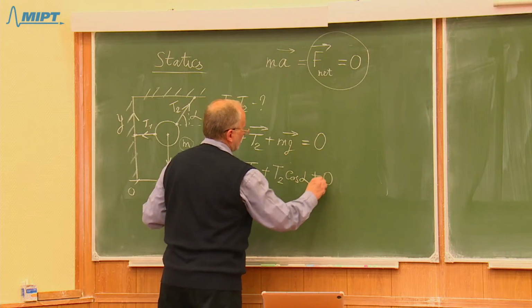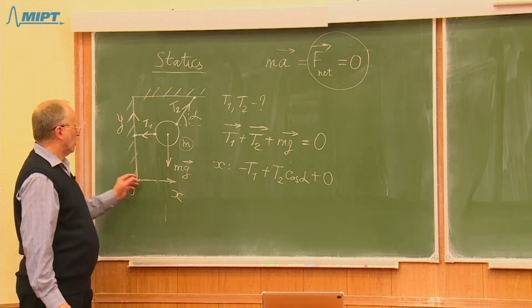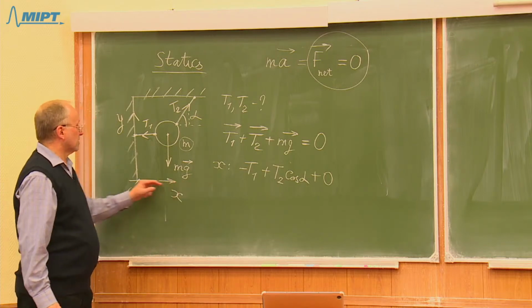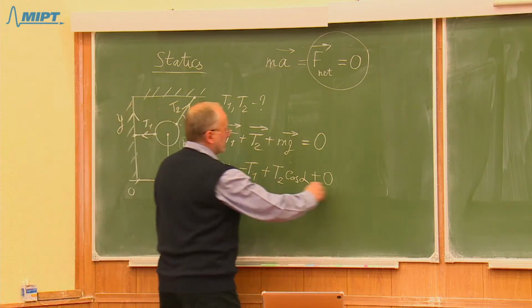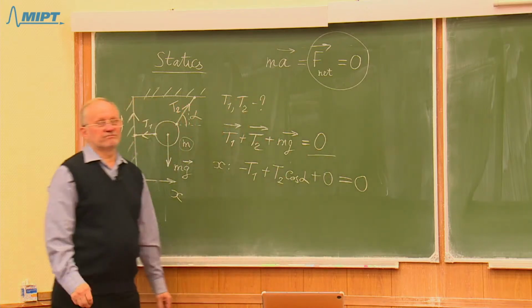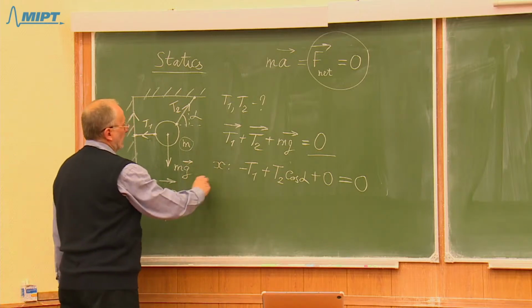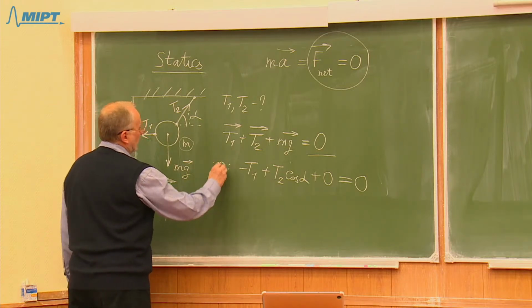Instead of mg, I must write here 0, because the projection of this vector on the horizontal axis is 0. And all this must be equal to 0. That is the projection of vector equation on x-axis.